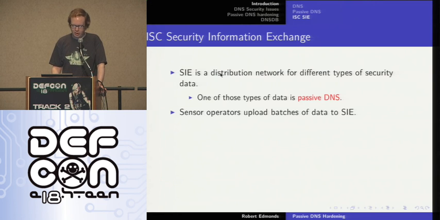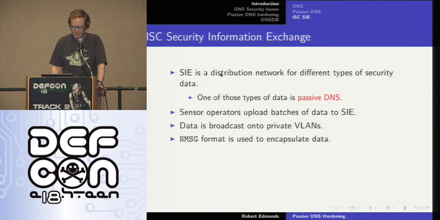Passive DNS sensor operators run sensor code that captures DNS traffic and periodically uploads it in batches to our submission servers. And our submission servers take care of replicating the data among physical SIE sites, where the data is broadcast out in a standardized format on private VLANs, sort of a poor man's multicast.